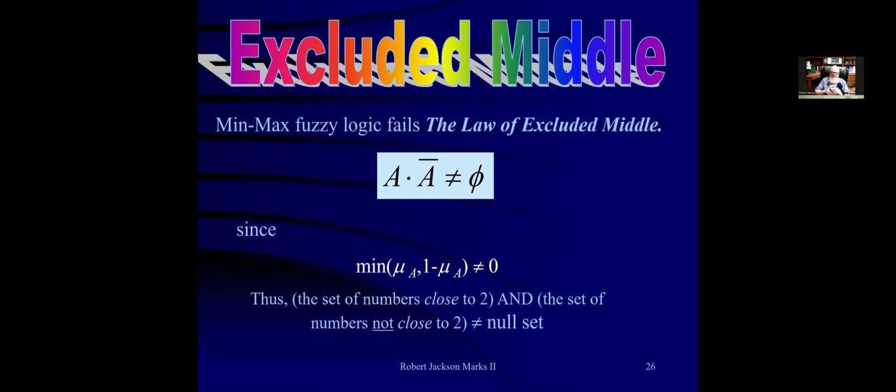And let me argue with you that this actually makes sense in terms of fuzzy logic. We'd like it to meet this boundary condition, but it really doesn't. The set of numbers close to 2 and the set of numbers not close to 2 is not equal to the null set.